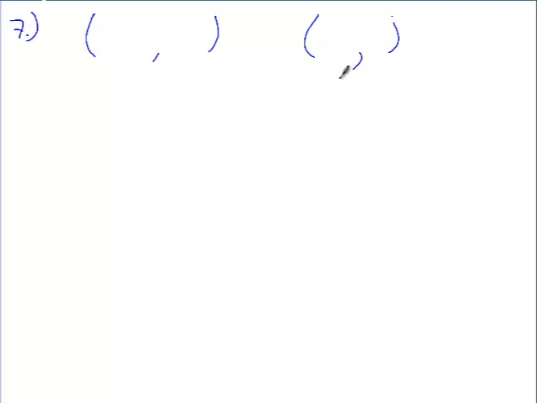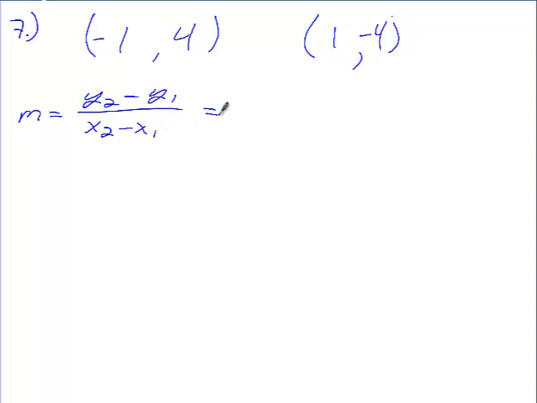Okay, so what are the 2 points, please? -1, 4, and 1, -3. Everybody okay with that? So how do I find slope? What's my formula? Okay, m equals y2 minus y1 over x2 minus x1. Again, what does the y sub 2 stand for? What does that mean in reality?